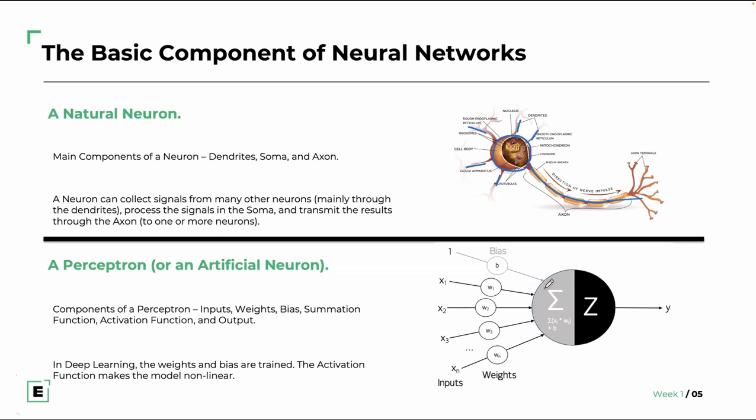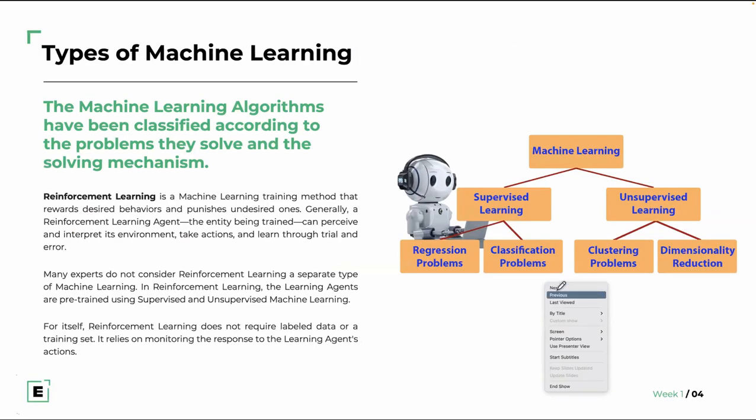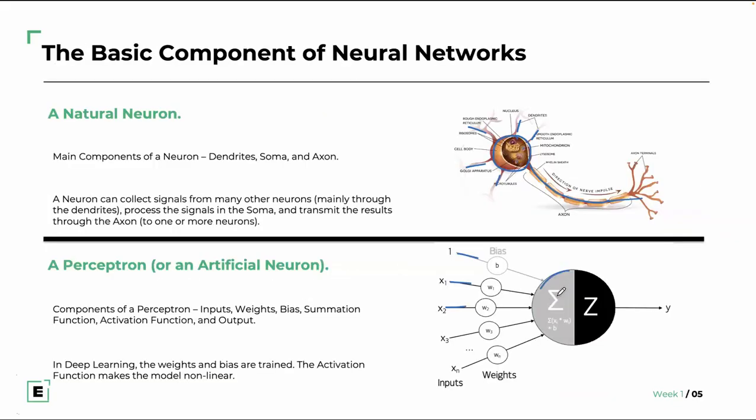Now we try to create an artificial neuron just like the natural neuron, where it takes inputs in some form, and then it has a body. In the body we have defined functions. One is the summation function, and one is known as the activation function.